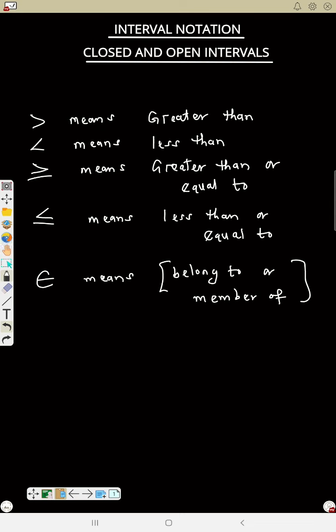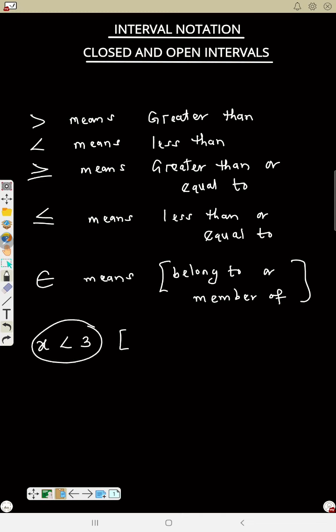So now if I say x is less than 3, this symbol means less than, so x is less than 3. So what are the numbers I can have here?